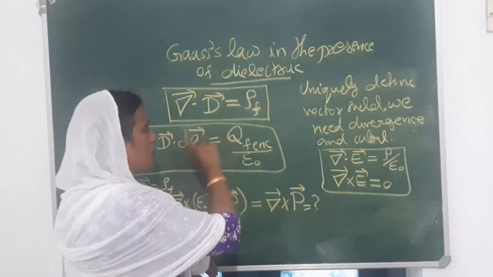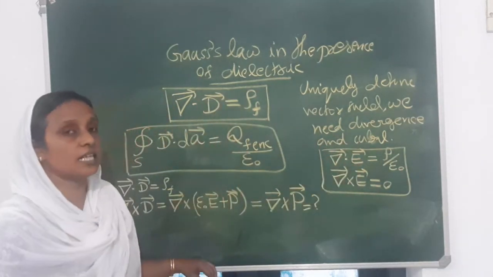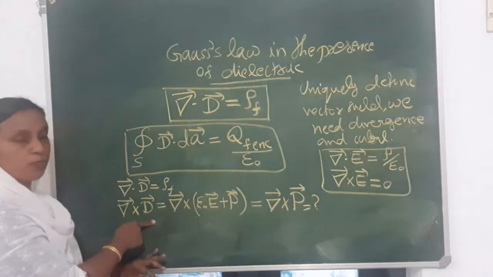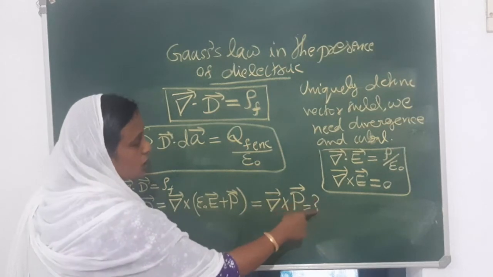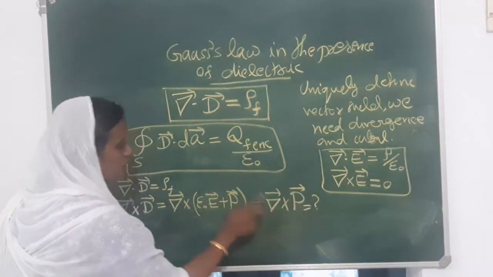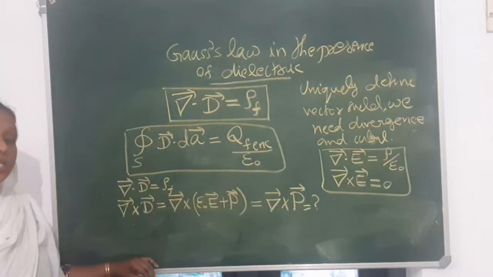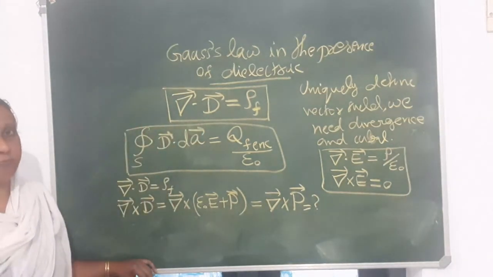There is no similarity between the electric field vector and the electric displacement vector. In the case of the electric displacement vector, its curl, which involves the polarization, is not known. We don't know the form of this. If you knew the divergence and curl, then you could uniquely specify the vector field D.